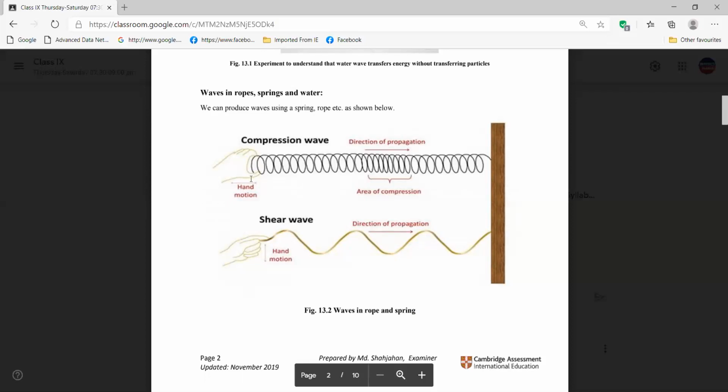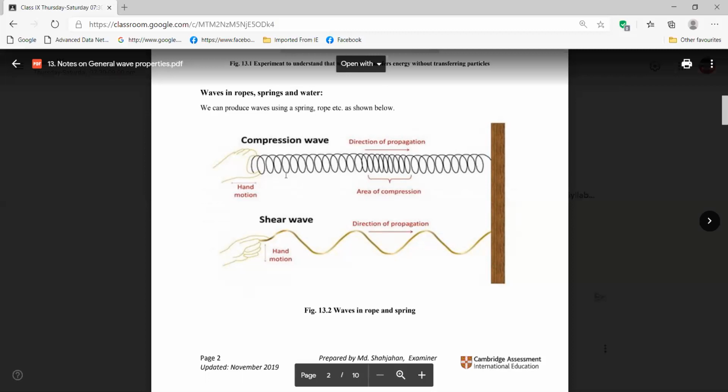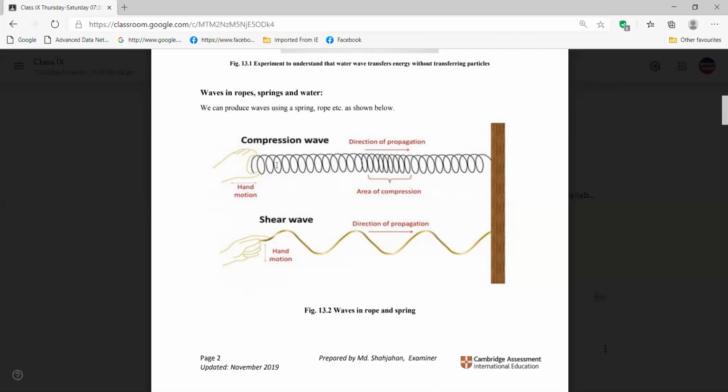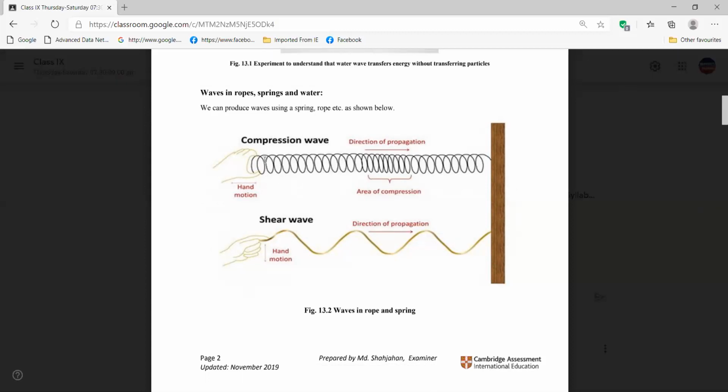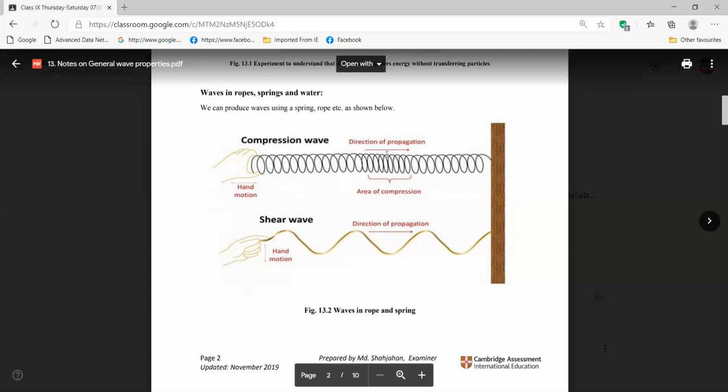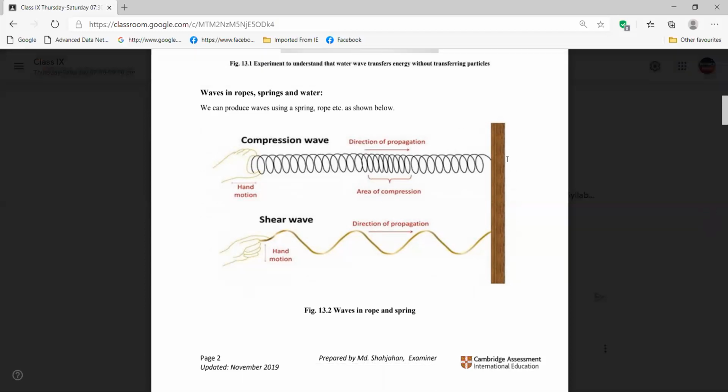So this process is happening by forward and backward movement. Once you are stretching the spring, then you are pushing the spring that way. Is it clear? So this way we are getting the compression wave and direction of propagation. When it is compressed, the direction of propagation is right side.